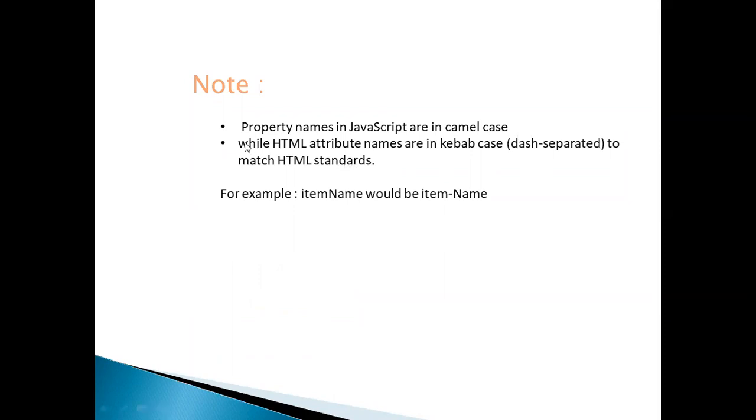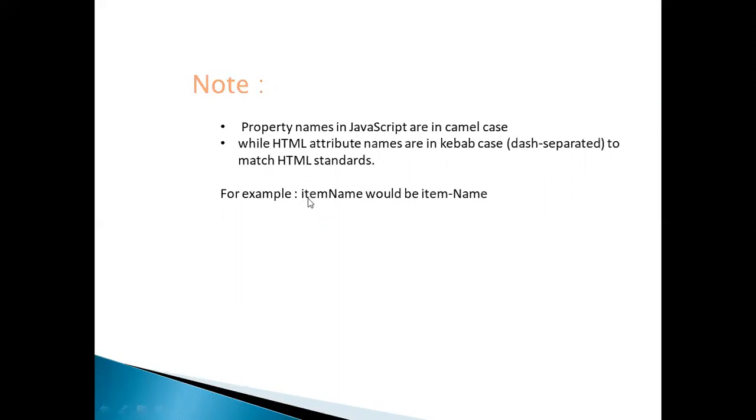But HTML attribute names are in kebab case, dash separated, okay, to match the HTML standard. So what is kebab case? For example, you are defining one variable like item name here, okay? So this item name is one variable.